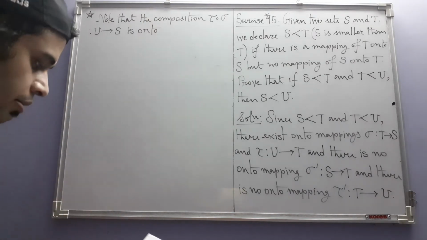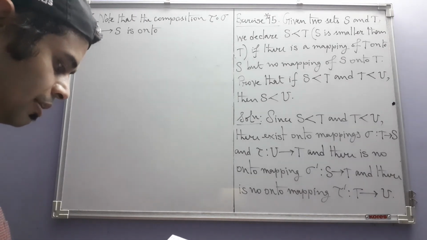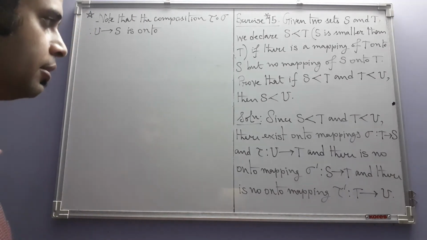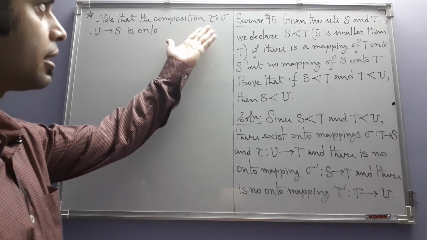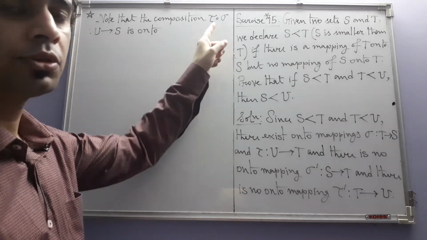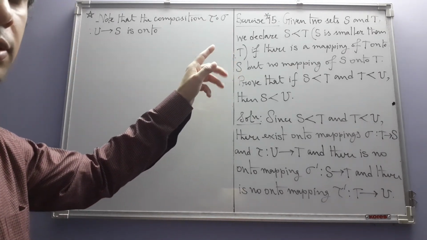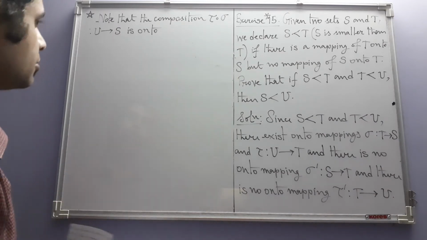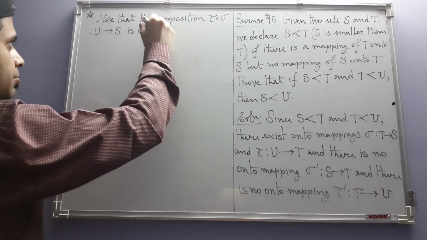This is, I think, by exercise 8, although here I have not mentioned it. It is just that result which says that the composition of two onto functions or onto mappings is again an onto mapping. So we have used that here.